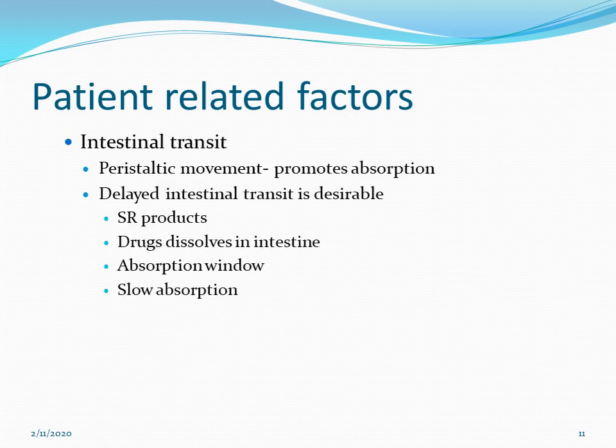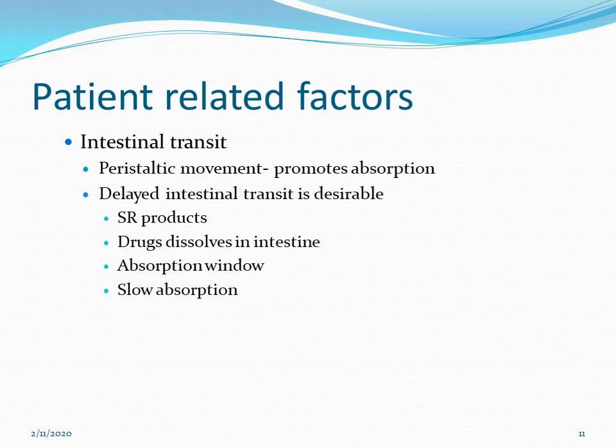Let us see the intestinal transit. In intestine, the peristaltic movements are slow, which promotes the intimate contact of formulation or drug with the membrane, and thereby there is an increase in the absorption of a drug.